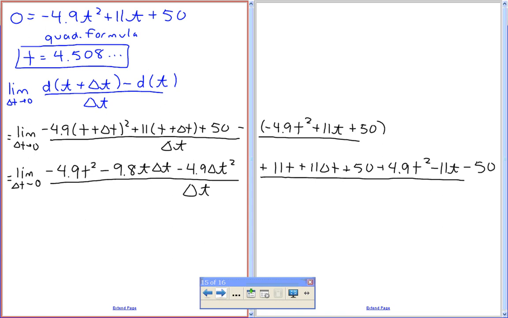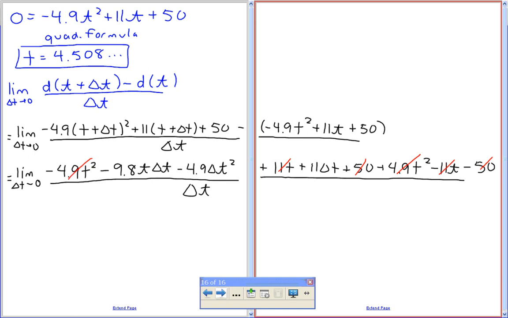What do we do now? Cancel stuff. Always remember, everything here is going to cancel, at least in this chapter. So 4.9 t squared cancels with negative 4.9 t squared. Negative 11t crosses with 11t. Negative 50 crosses with 50.